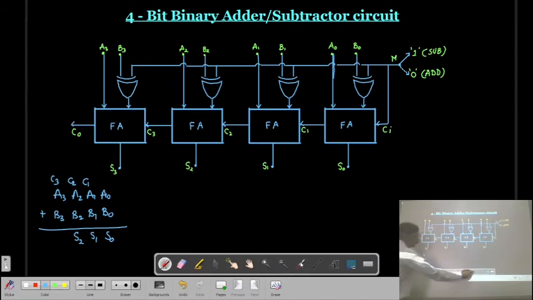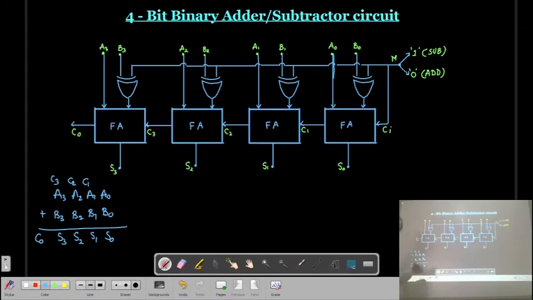Here again there is addition of C3, A3 and B3. So in the final adder circuit, A3 is there, B3 is there, and C3 is the input for the full adder, and it is generating the sum S3 and the final carry is C0. So this sum S3 will be there, and here the final carry C0 is going to be produced.